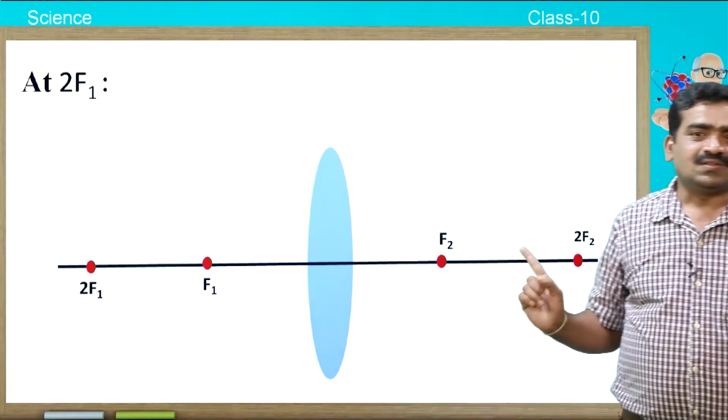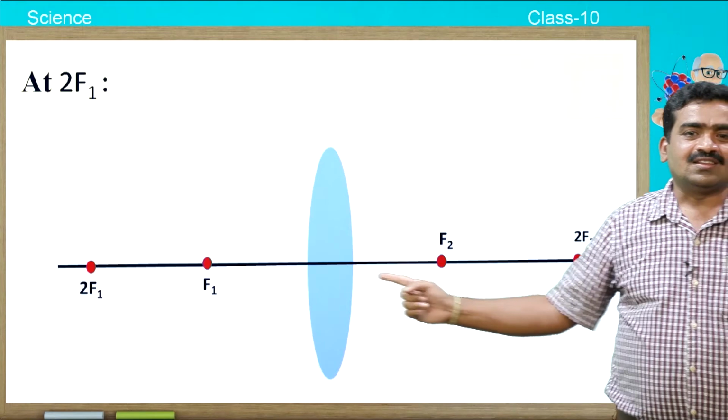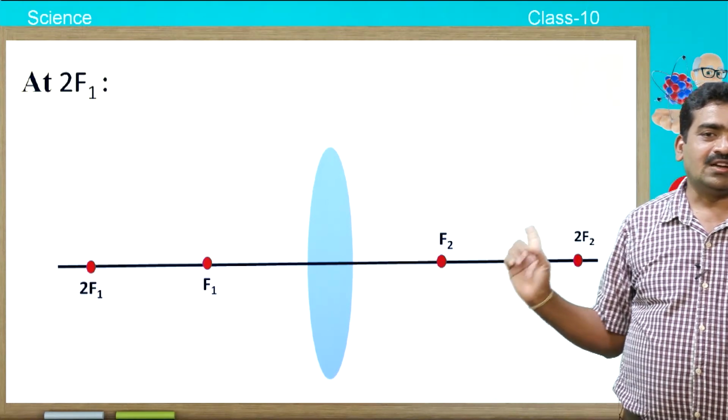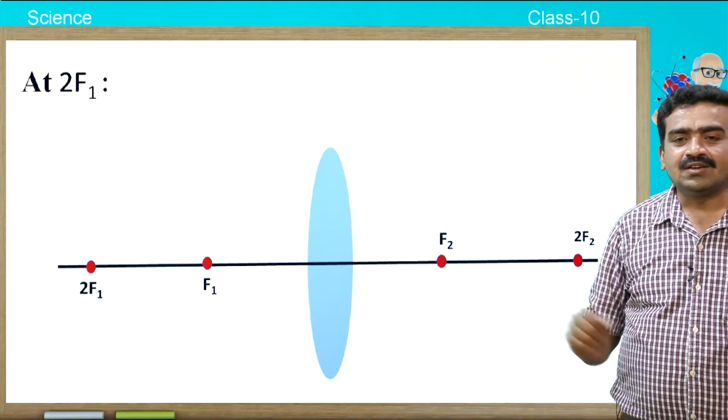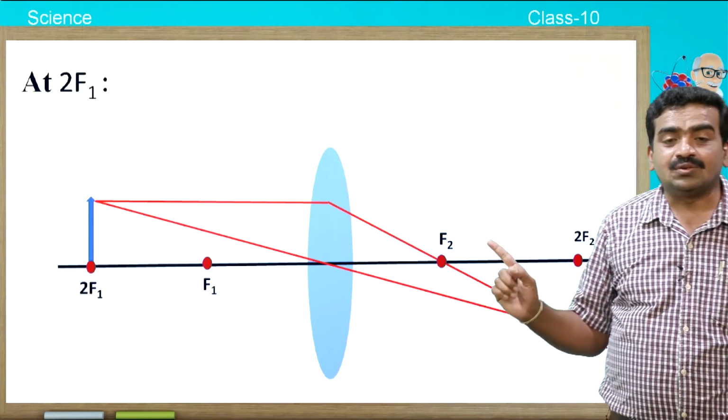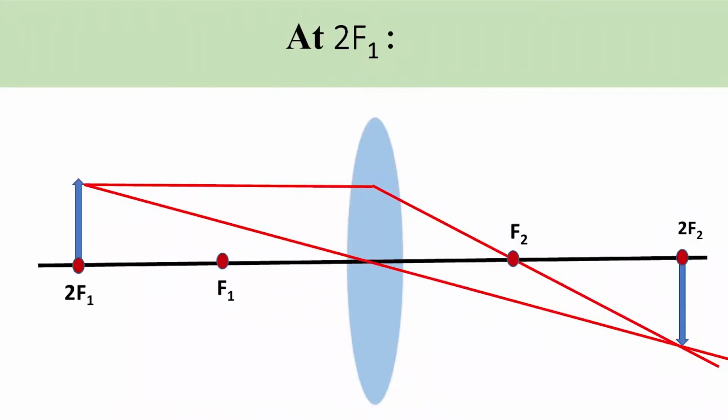Here also F2 indicates the focal length between O and F2, and 2F2 indicates double the focal length. So, when the object is placed at 2F1, the refracted rays which travel like this meet at 2F2 where the image is formed.